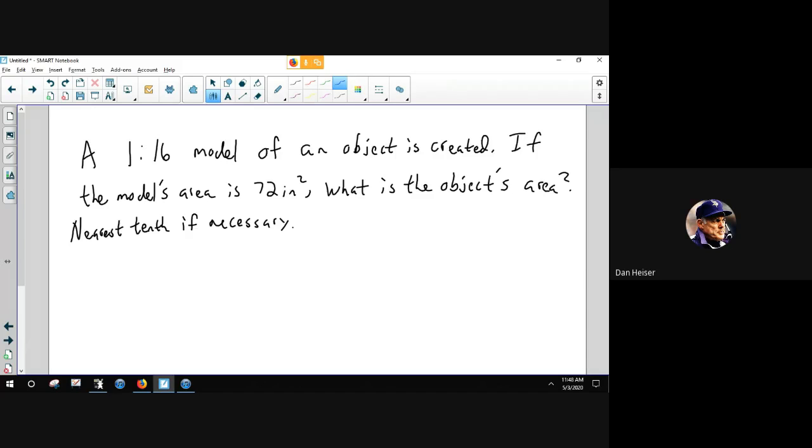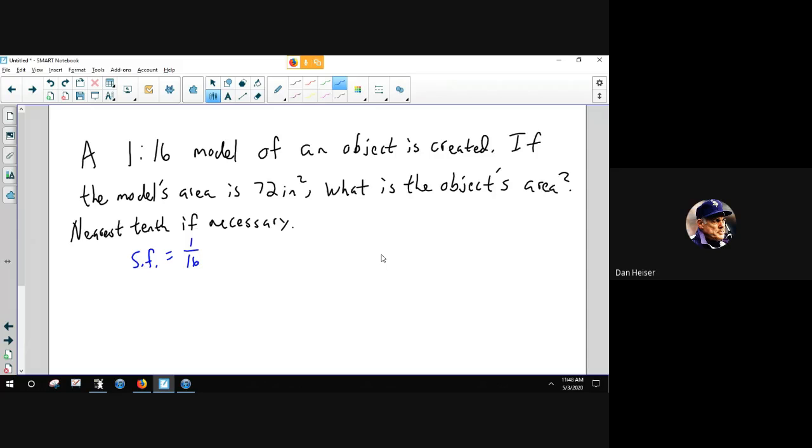So I need my scale factor. And that's right in the beginning of the problem. It's a 1/16 model. So every 1 unit in the model, 16 units on the real thing. We know the model's area. We need the object's area.